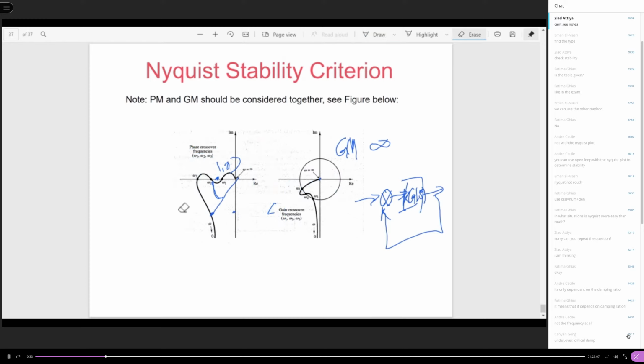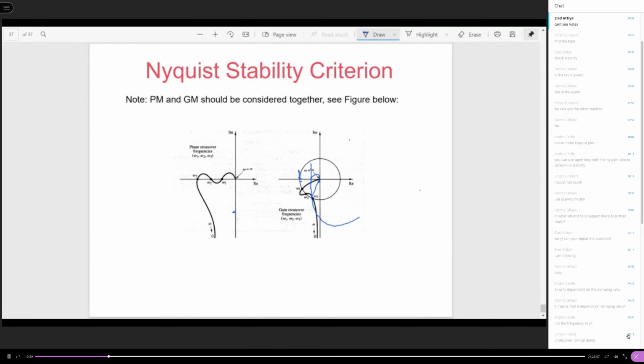For example, like this one, if you have a plot like this, see, the gain margin is here, reasonably big, and the phase margin is here, also reasonably big.